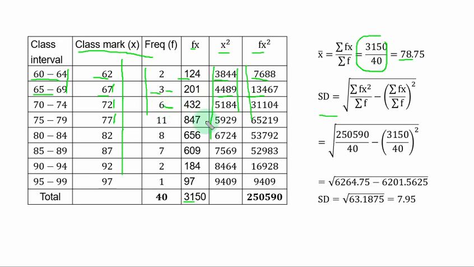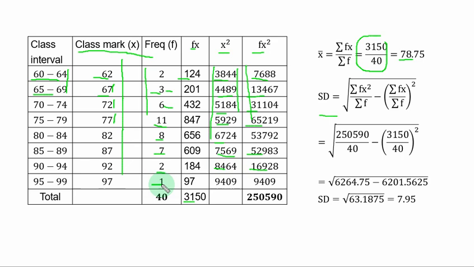You use 6, multiply this, you get this result. You use 11, multiply this, you get this result. You use 8, multiply this, you get this result. You use 7, multiply this, you get this result. You use 2, multiply this, you get this result.